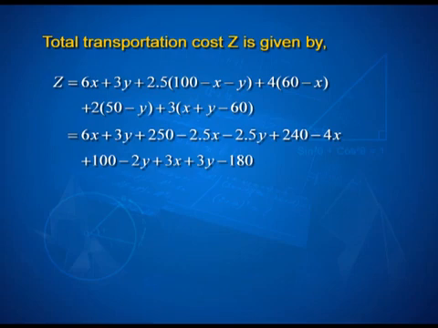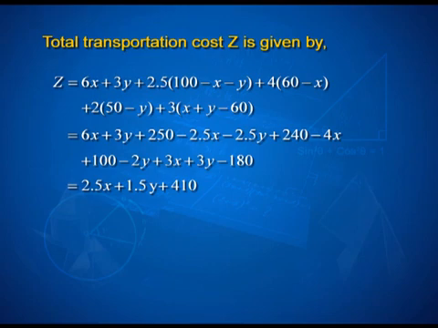Now, patiently and very carefully simplify this expression and you will find yourself with a linear expression. In this case, it amounts to 2.5 times x plus 1.5 times y plus 410.